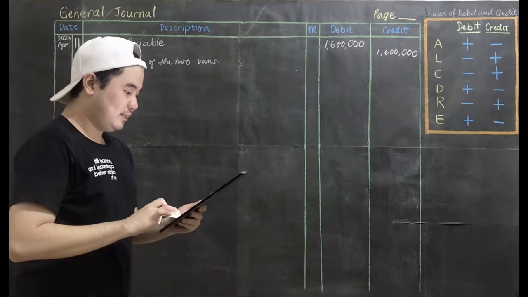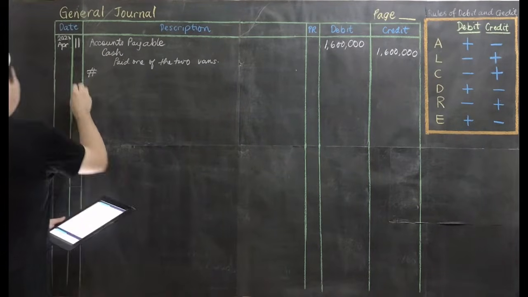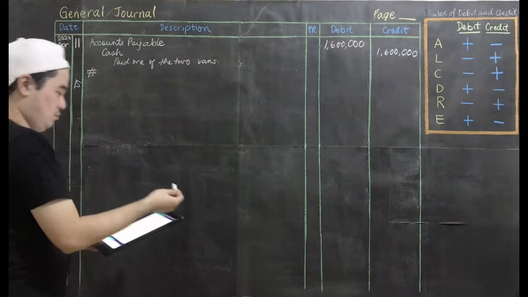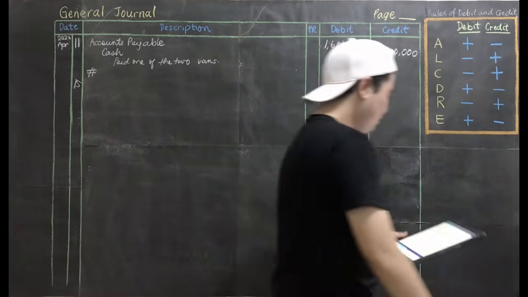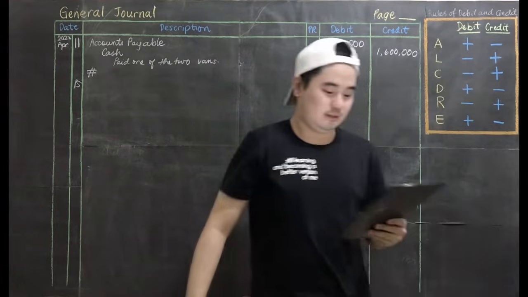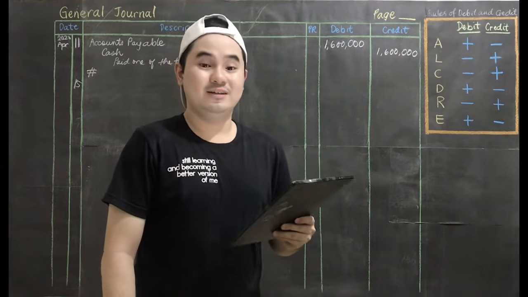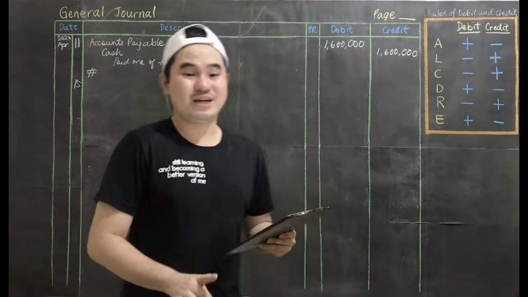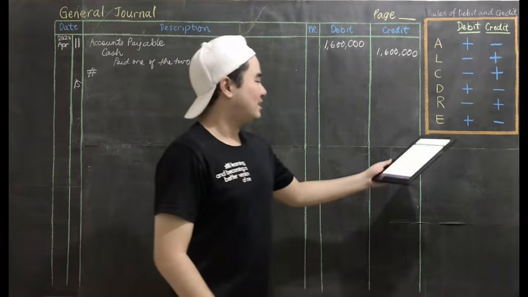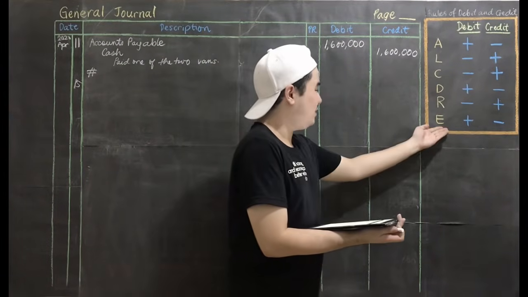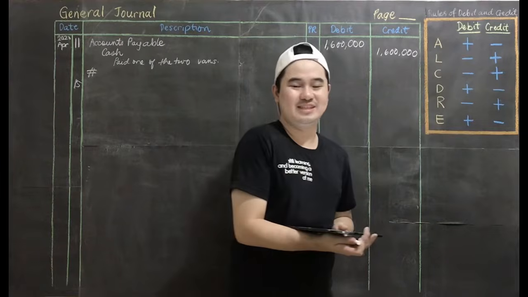Okay, next is April 15. Paid salaries of employees, 95,000 cash. Okay. Pag nagbayad ka ng salaries, nagpasahod ka, so gumastos ka, ang salaries po ay expense. Pag nagkakaroon ng expense, lalagyan natin sa debit.